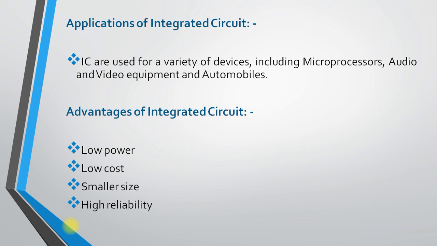Now, advantages of IC. There are lots of advantages provided with the IC. Number 1, low power consumption. That is the main advantage of integrated circuits, that they consume less power. Number 2, low cost. When you design any circuit using integrated circuits, it is available at a very low cost. Number 3, smaller in size.